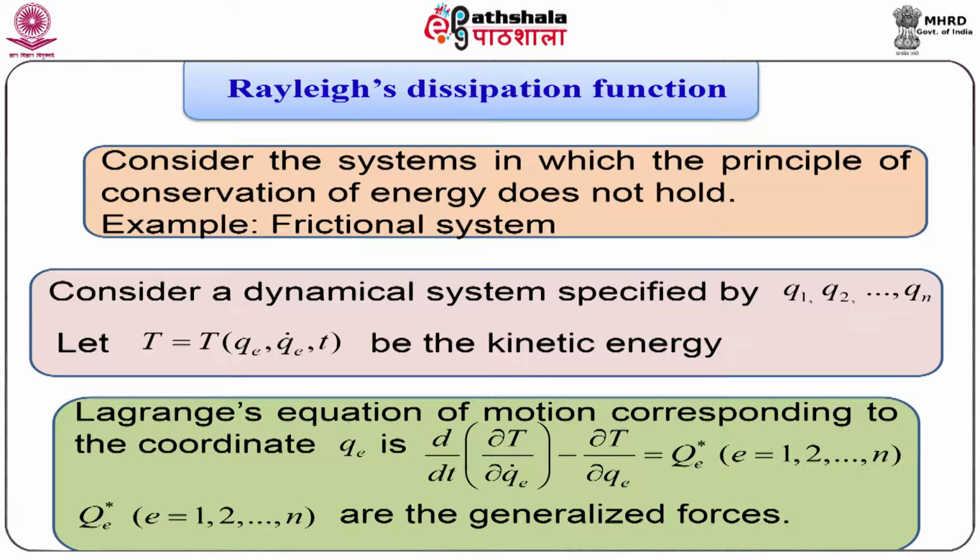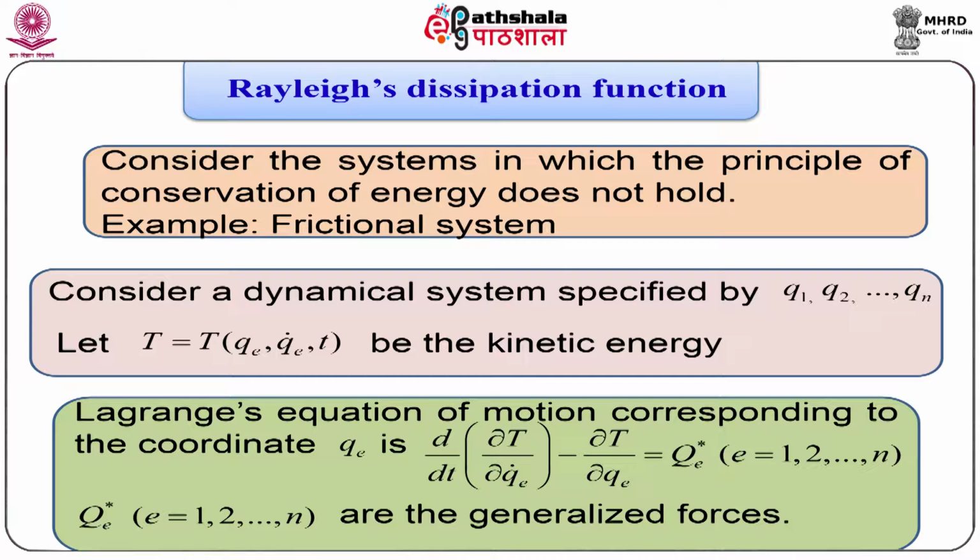But if the constraint forces do some work during the constrained motion, then the energy becomes dissipative. An example of such a system is a frictional system. We shall now consider such a system.